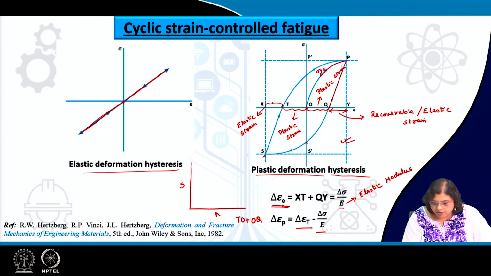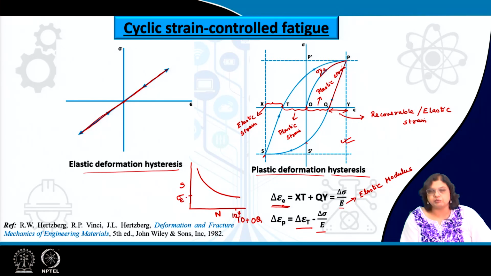If S is the stress amplitude and N is the number of cycles, we get a curve something like this, and based on the number of cycles as 10 to the power of 7, or this could be 10 to the power of 6, we can determine the fatigue strength or the endurance limit. Let us name this as sigma E.